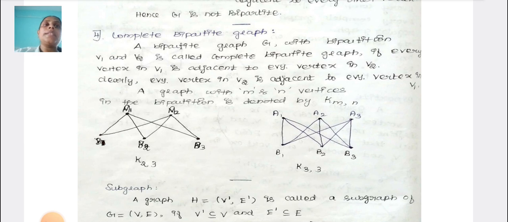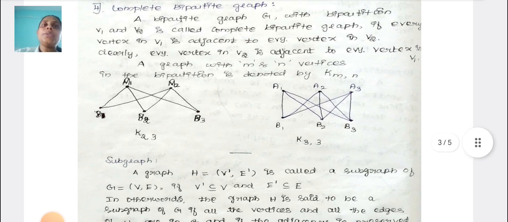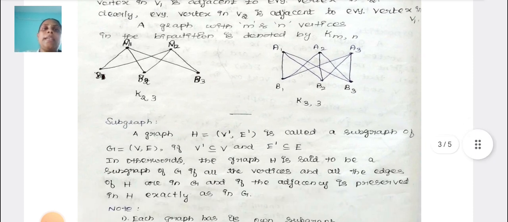Clearly, every vertex in V2 is adjacent to every vertex in V1. Here a complete bipartite graph with m and n vertices is denoted by Km,n. So here it is denoted by K3,3. Here also the second one is represented by K3,3.